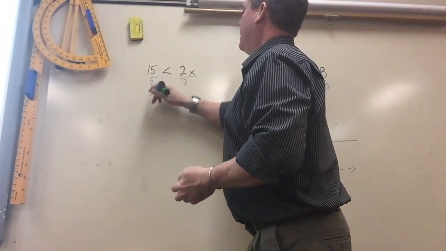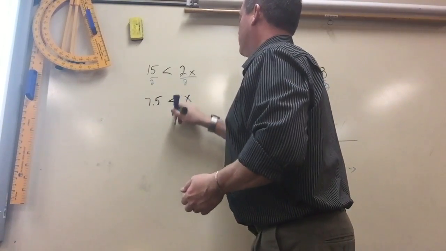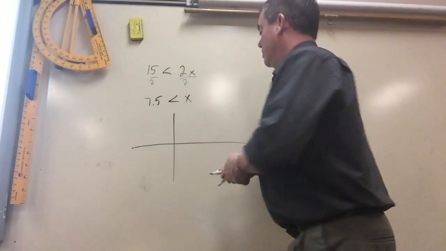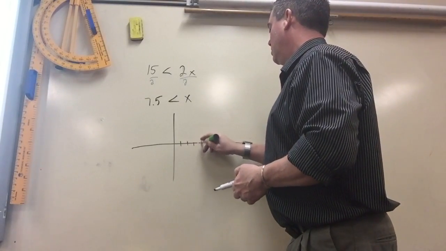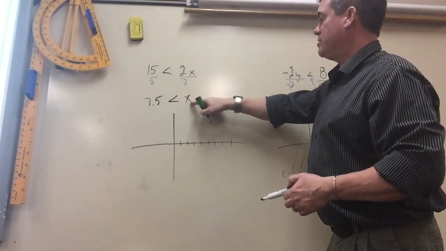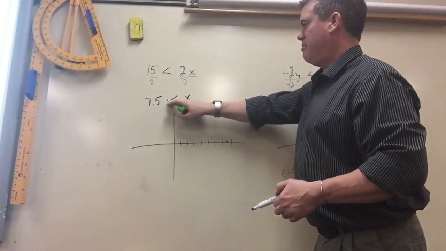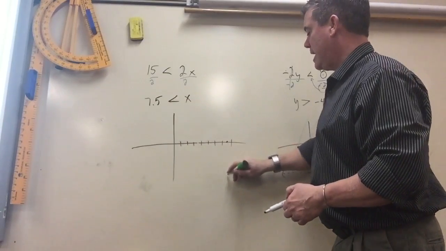Divide by 2, and that's 7.5. So on the x-axis, it's at 7.5. It doesn't have the equal, so you put a dotted line through it.